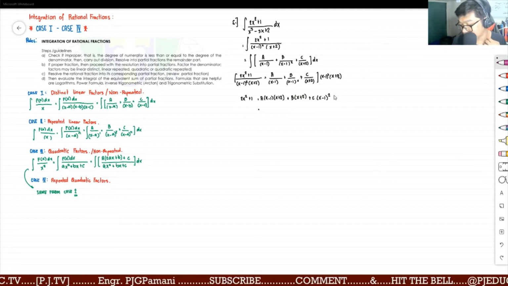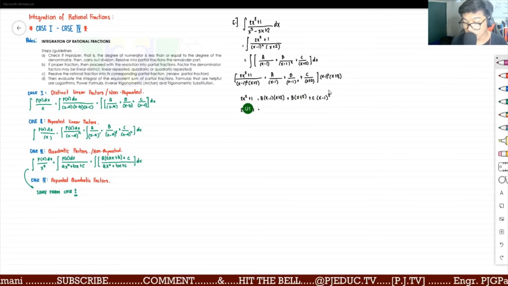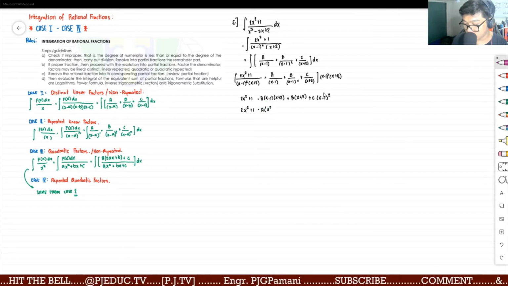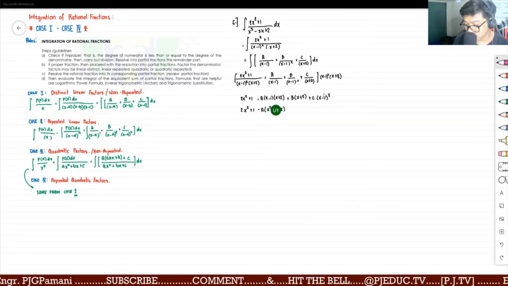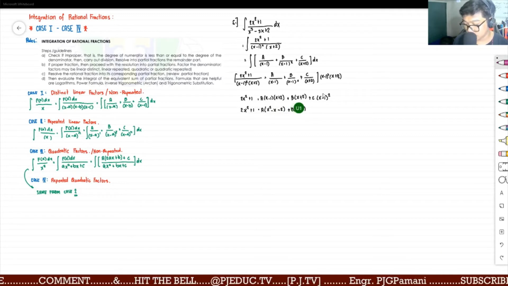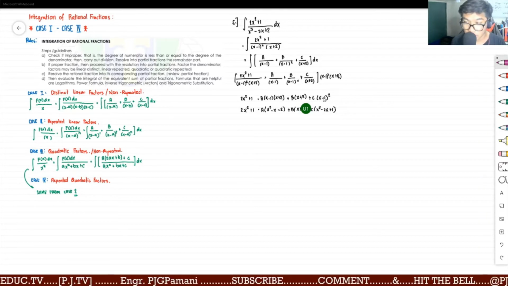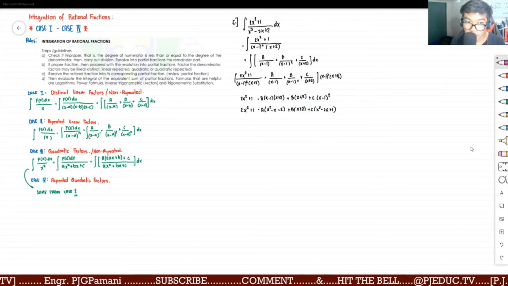Or let us try expanding it para pwede natin gamitin yung second method. That is A of x squared minus 1 plus 2 is x minus 2, plus B of x plus 2, plus C of x squared minus 2x plus 1. Okay? Alam nyo naman mag-expand, right?